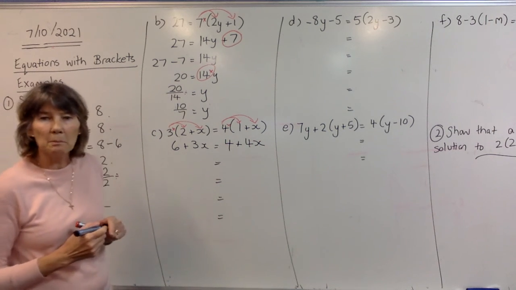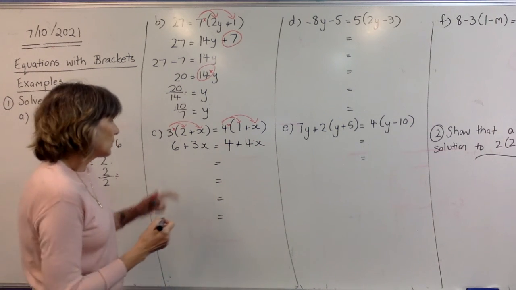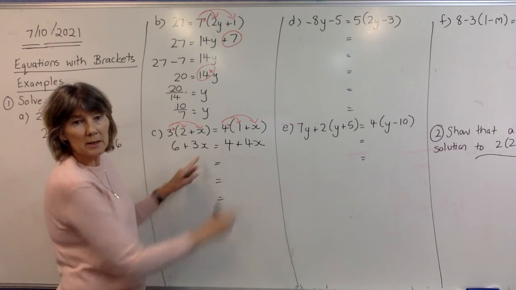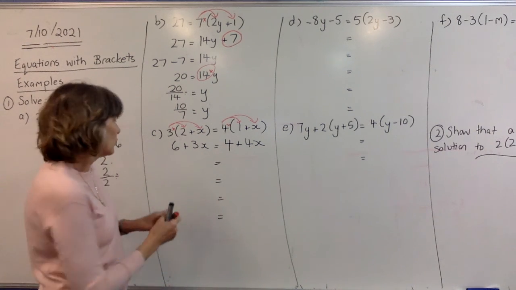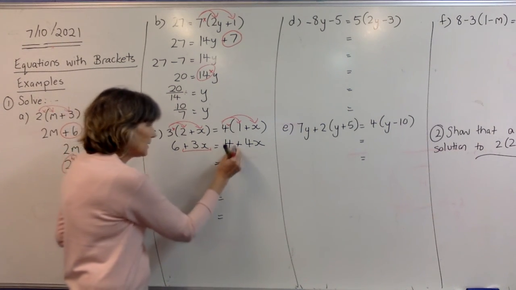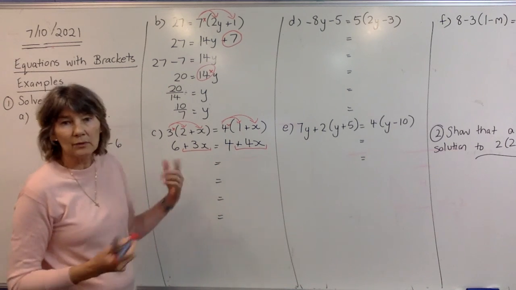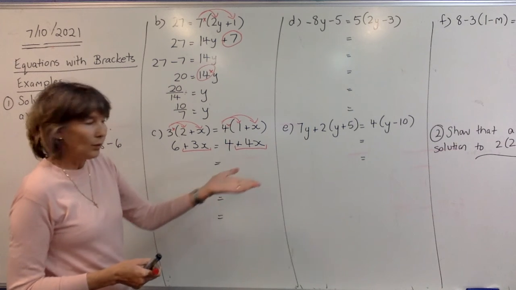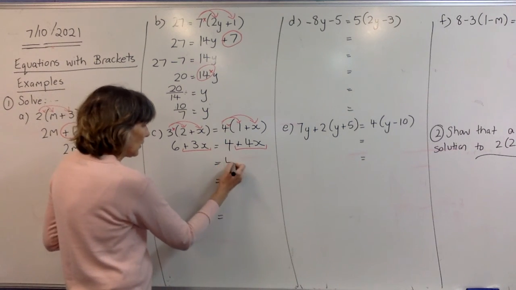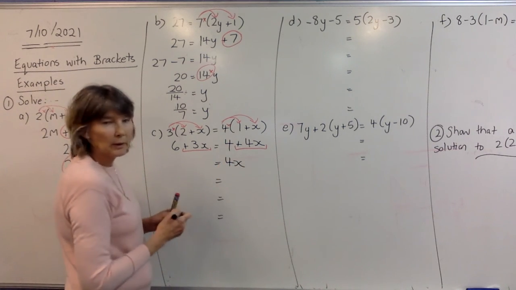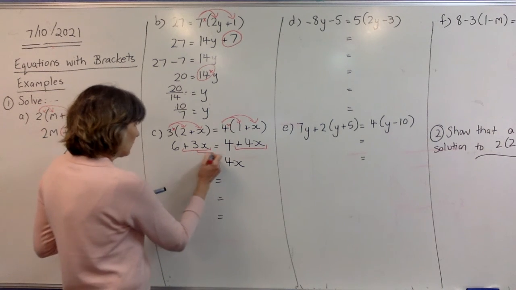And now we're up to the point that we did yesterday. So we've got letters on both sides. We need to do majority rules. So which of these is going to stay where it is? Okay, so is plus 3 or plus 4 bigger? Plus 4 is. So 4x is going to stay here. Okay, this one is going to come across and join it.